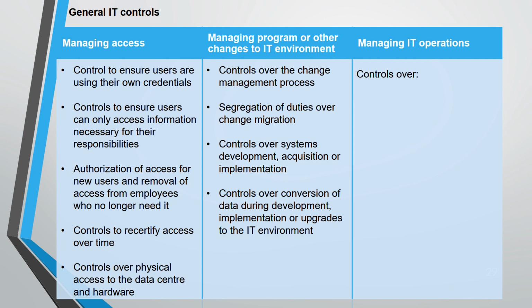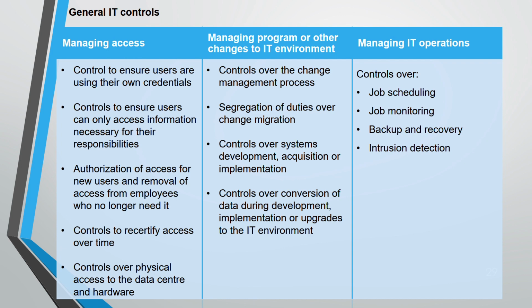Now, managing IT operations. Controls over job scheduling, job monitoring, backup and recovery, and intrusion detection. Intrusion detection means a warning signal will be given if an unusual transaction is detected, right? You can read about it on Google.